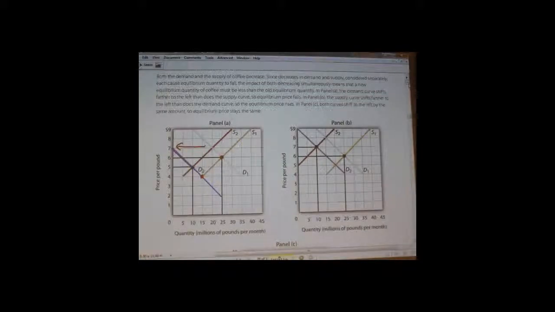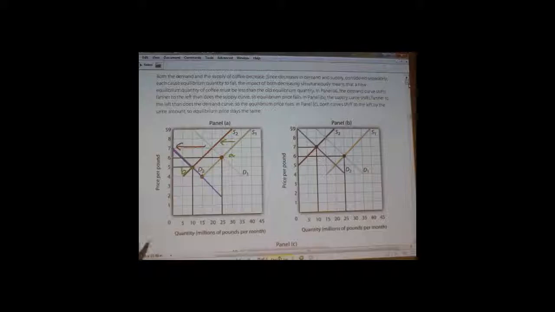But then, if supply shifts from S1 to S2, and I am a little bit doing what I said not to do, let's have it shift left. So then supply shifts left. We're going to go from this point to this point. So at the end of the day, we go from point A to point B, right?